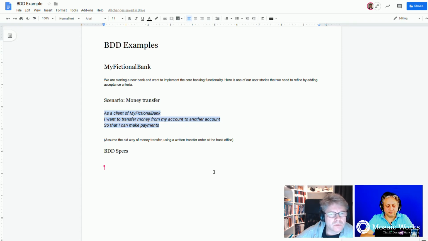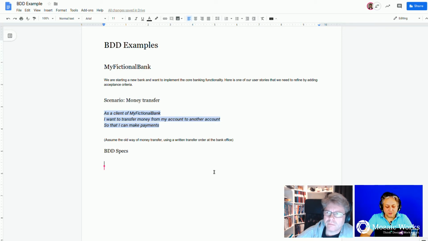So the user story is, as a client of my fictional bank, I want to transfer money from my account to another account so that I can make payments. Okay, that's rather clear, isn't it? But Alex, can you give me a concrete example of when you want to transfer money?